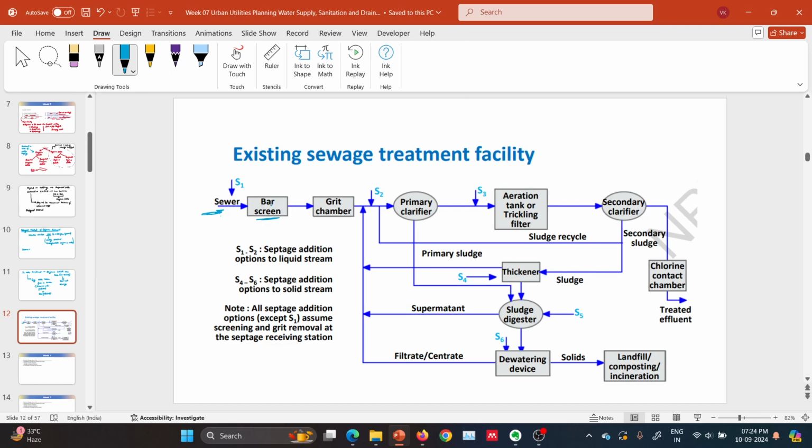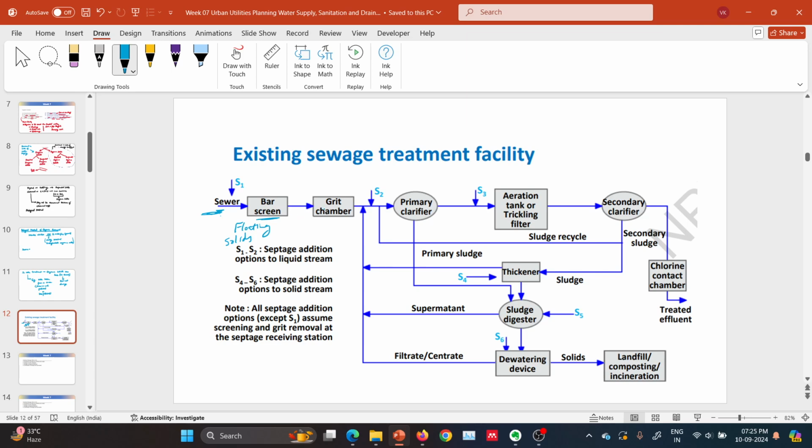So these bars will remove the floating materials, cardboard and all. I will write floating solids, and the floating materials are removed here.